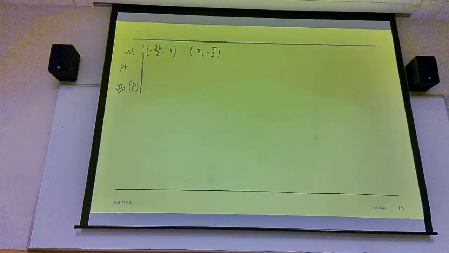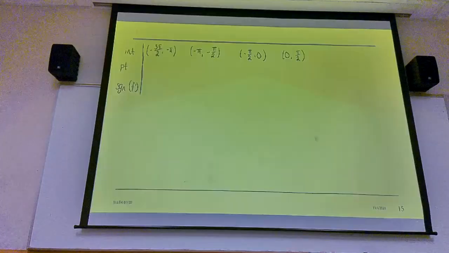Right, so the interval is minus 3 pi over 2 to 3 pi over 2. However, because of the domain of secant, that interval itself is actually split. All right, so there's the next critical point. But secant's undefined at pi over 2. Then we go pi over 2 to pi.